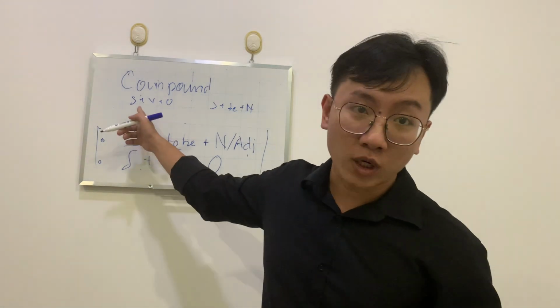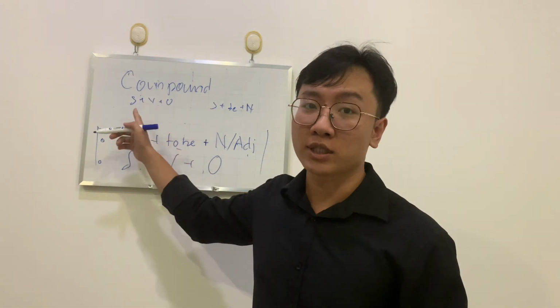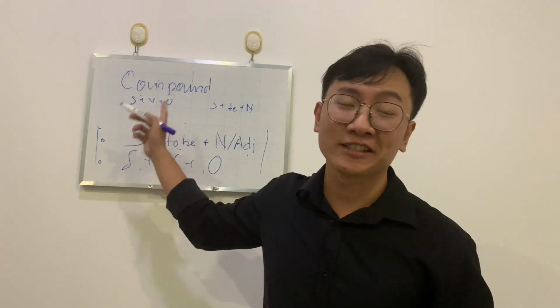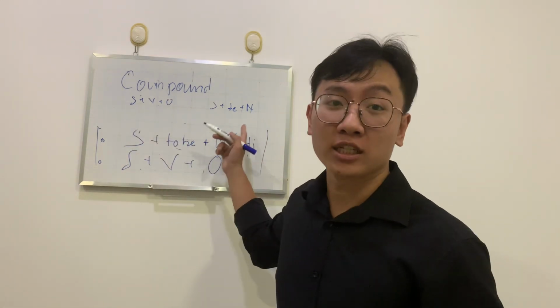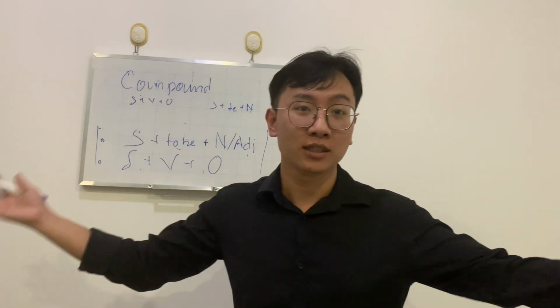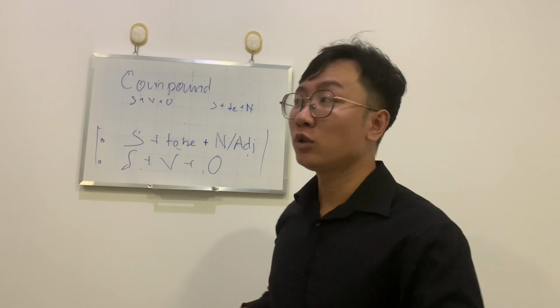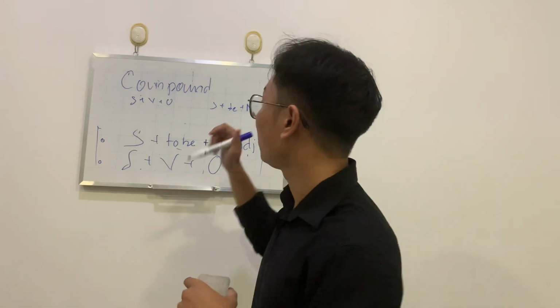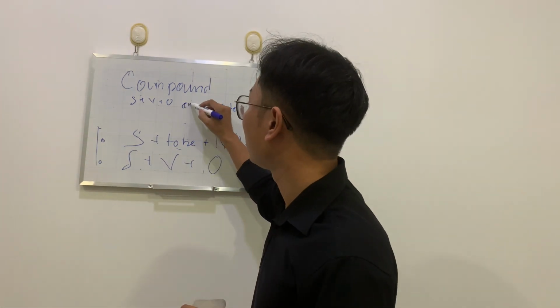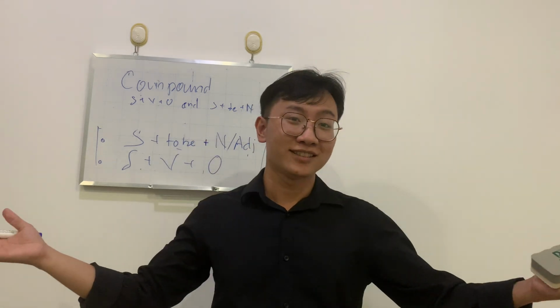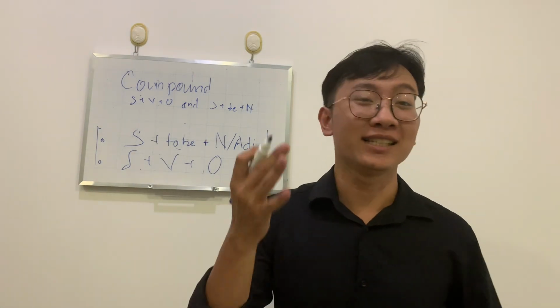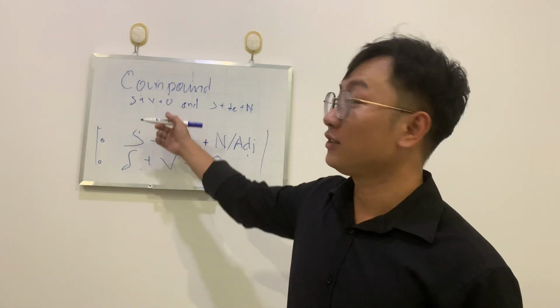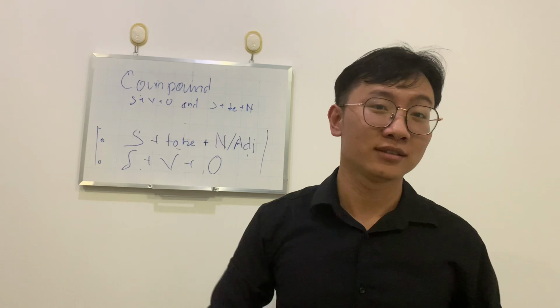So for example, I will make S, V, and O, and then another S, V, and O. So this is my simple sentence number one. This is simple sentence number two. All right. So now I have two. I will connect them by using "and". It's actually really easy. Then you have the compound sentence.